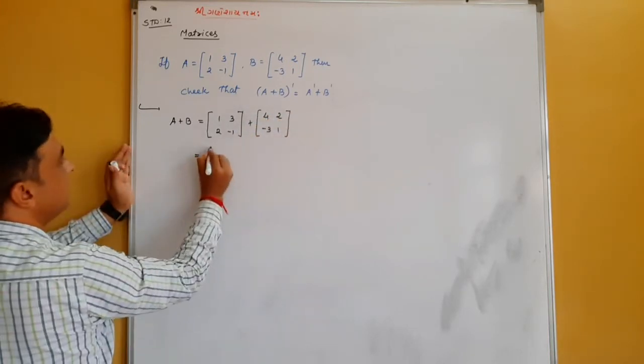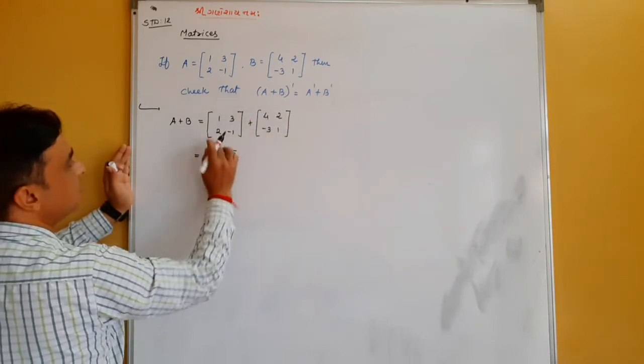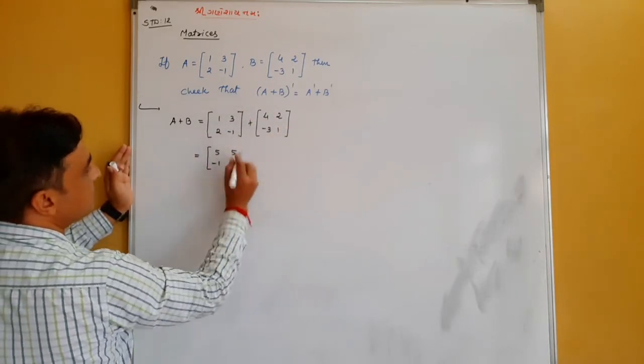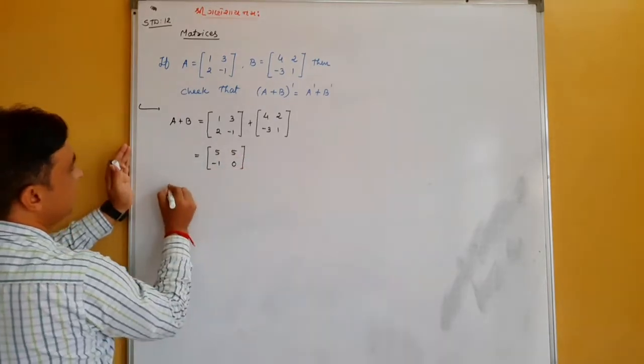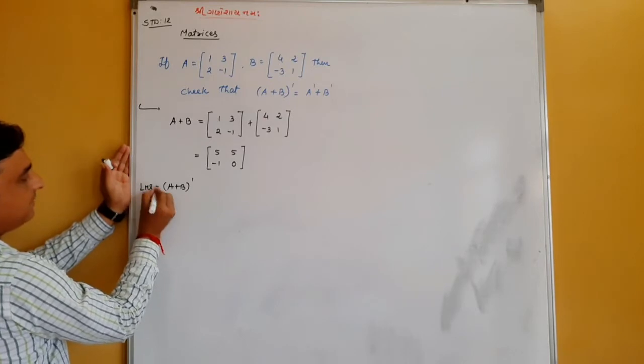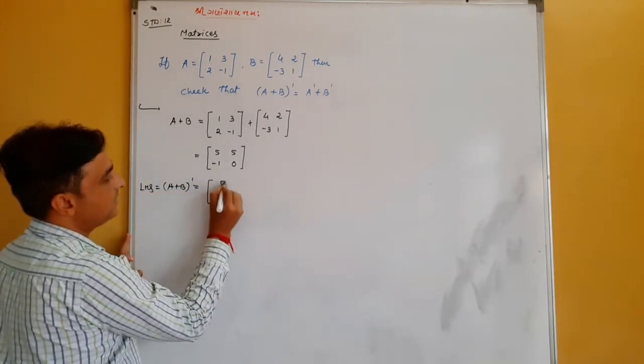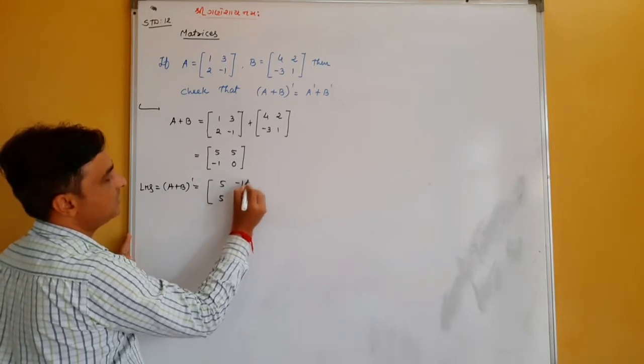Now addition: 4 plus 1 is 5, 3 plus 2 is 5, 2 minus 3 is minus 1, minus 1 plus 1 is 0. Now A plus B dash, that is our left hand side, so the transpose of this is 5, 5, minus 1, 0.